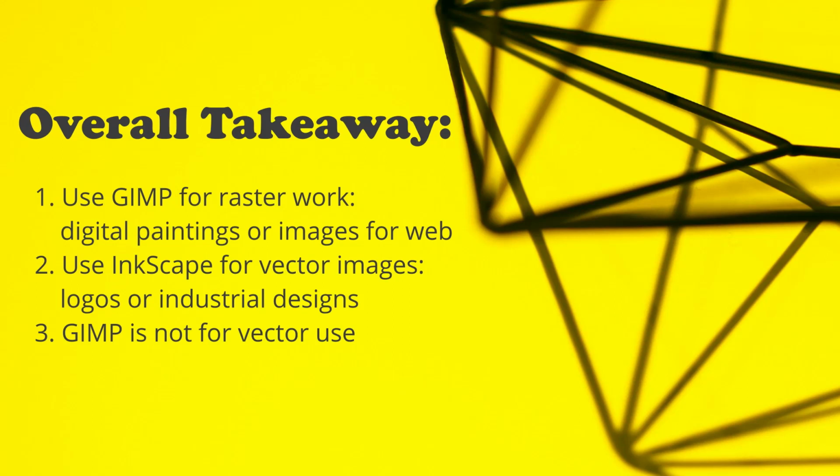So the overall takeaway is that it would be wise to use GIMP when the demand for artwork is mostly of the raster nature, like digital paintings or images for websites. Vector images suit well for requirements like logos, industrial designs and so on, where there could be a need for printing these designs in various sizes. GIMP falls short for these vector image creations.